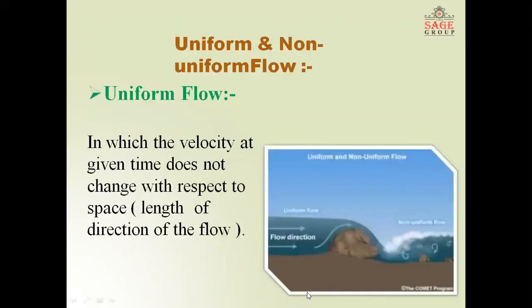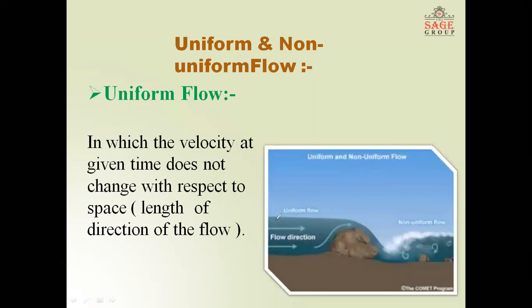Now, uniform and non-uniform flow. Uniform flow is flow in which the velocity at a given time does not change with respect to space, length or direction of the flow. Here is an example of uniform flow.